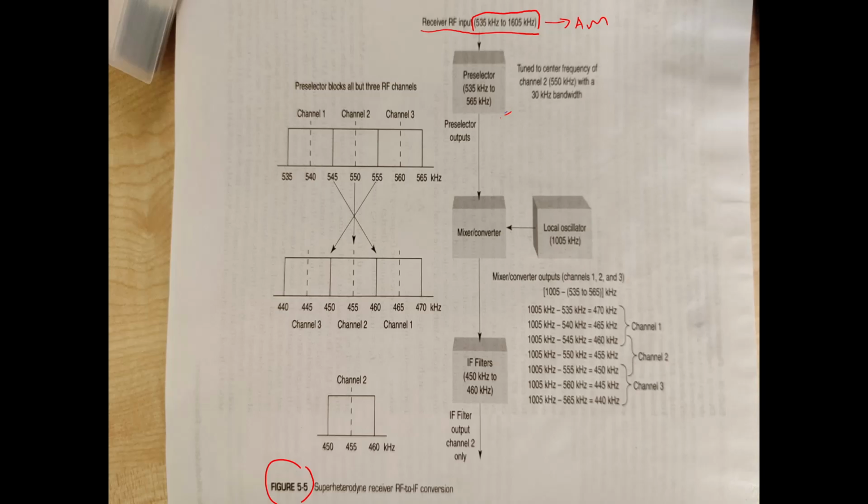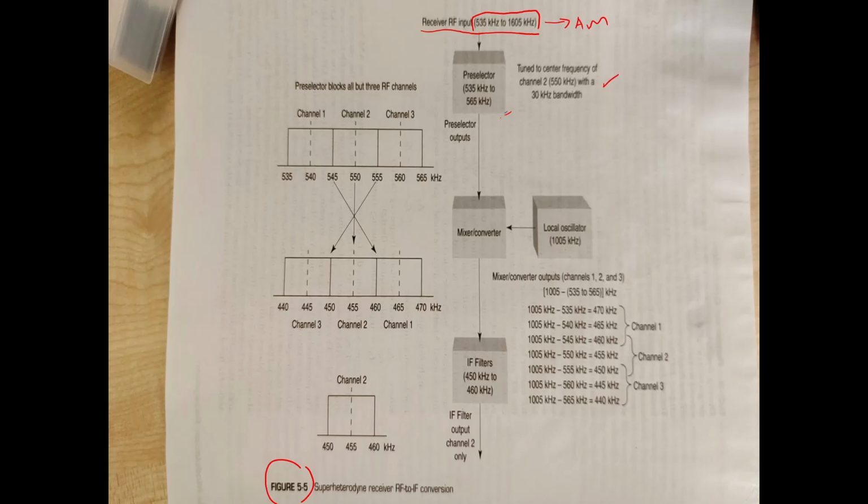Different countries might have a different set of frequency band, but the difference is not much, only a few kilohertz according to different regions. The antenna receives a very big bandwidth like this. In this example, we want to tune to channel 2, which is located at 550 kilohertz.